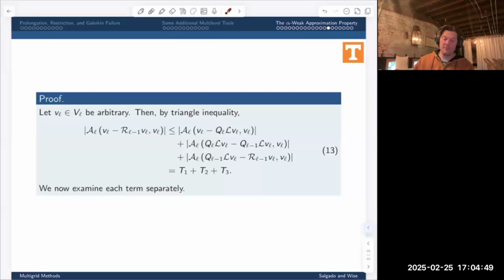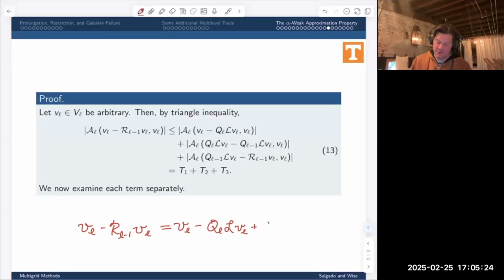Well, what I'm going to do is use a triangle inequality and break it up into three terms, which I can address. I can't really do anything with this term directly, but if I break this up into three different terms, I can do something with that. So what I'm going to do is take this VL minus RL minus 1, and I'm going to subtract first QL LVL. If I do that, then I have to add that back. QL is the lifting operator, VL. So I've just added 0 there.